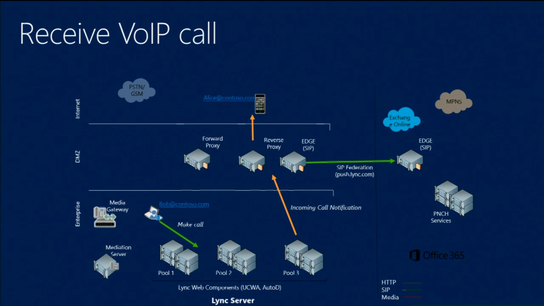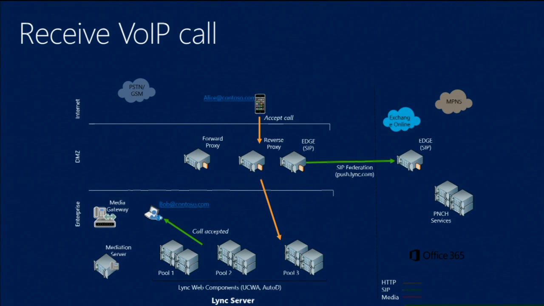Bob makes a call, he's on pool 2 or pool 1. He wants to call Alice. Alice gets a notification over this channel. We get this pop-up, hey, Bob tries to call you. We see the pop-up, we can unlock the phone, accept the call, deny the call, whatever we like. In this case, we accept the call, and the call is accepted.